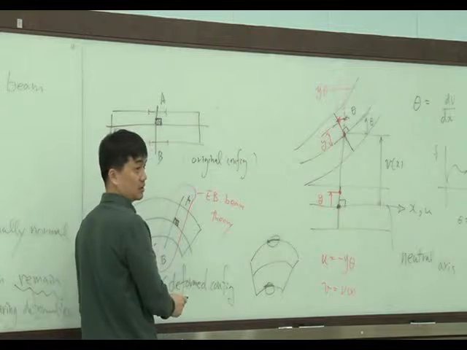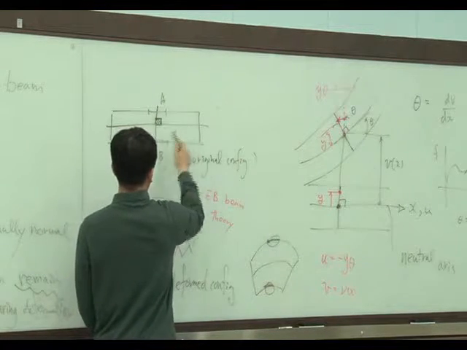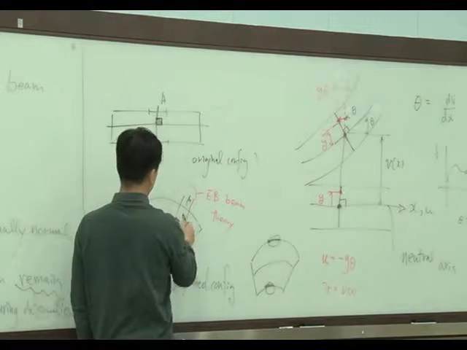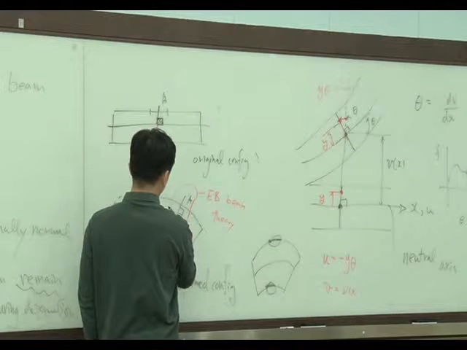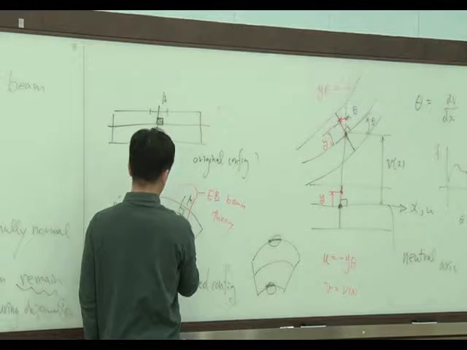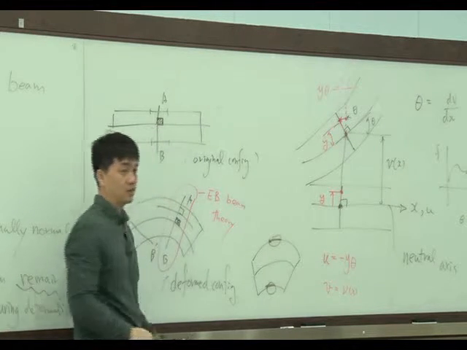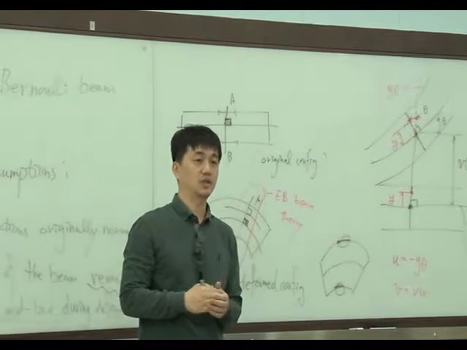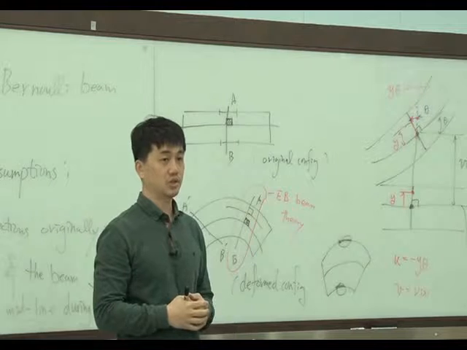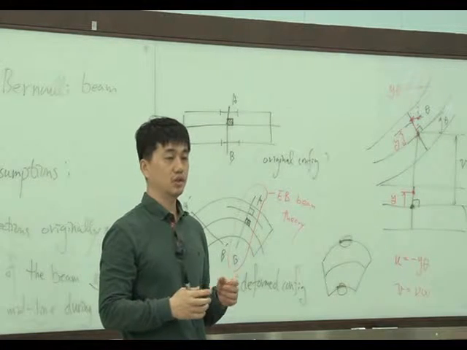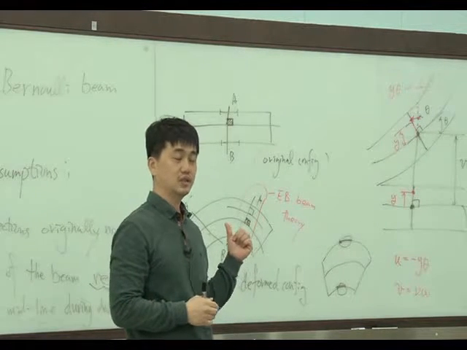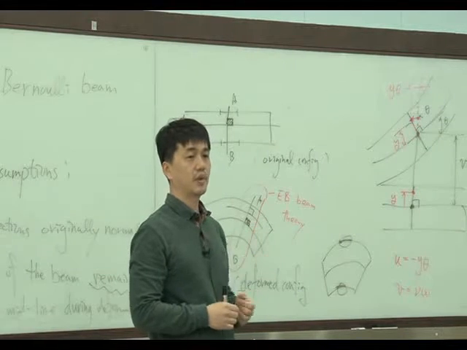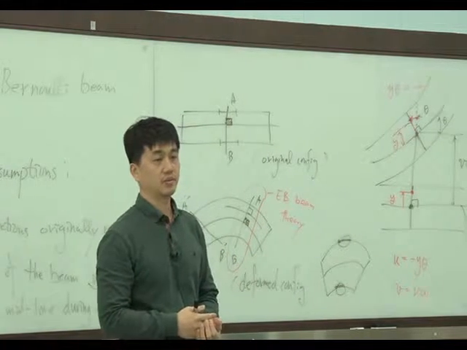The angle doesn't change between this fiber and this fiber. At any point, angle doesn't change. It means there is no shear strain during the bending.